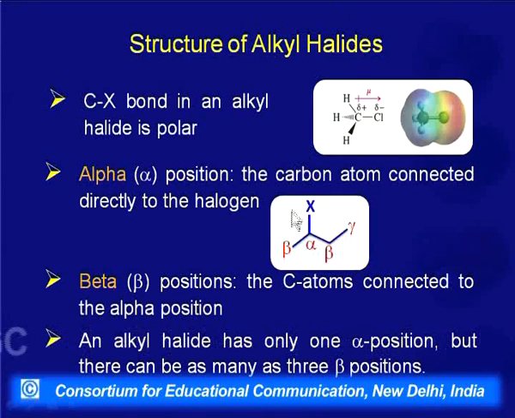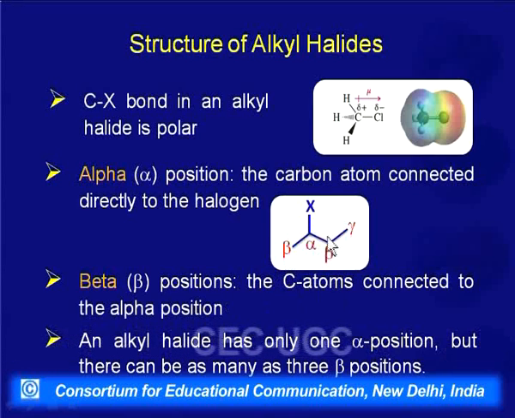Besides that, the carbon to which the halogen is directly attached is called the alpha carbon. So we have an alpha position in an alkyl halide, where the carbon atom is connected directly to the halogen, and there is a beta position, rather a number of beta positions, where the carbon atoms are connected to the alpha position.